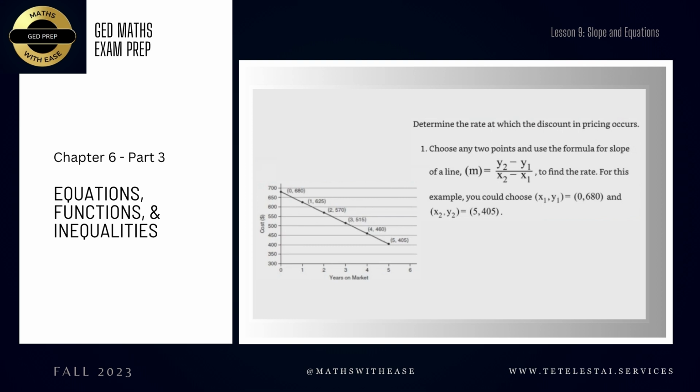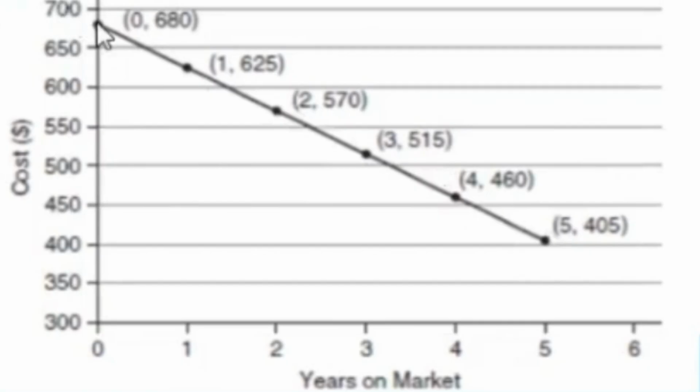So in this example, they decided to let x1 and y1 be represented by 0 and 680. And then they decided to let x2 and y2 be represented by 5 and 405. If they chose any other arbitrary set of points, let's say 2 and 570 and 3 and 515, your slope would be the same. The slope of a line is always constant, all right?